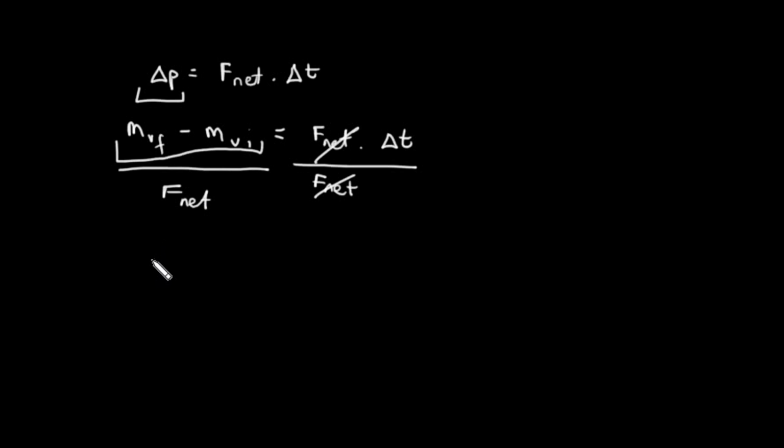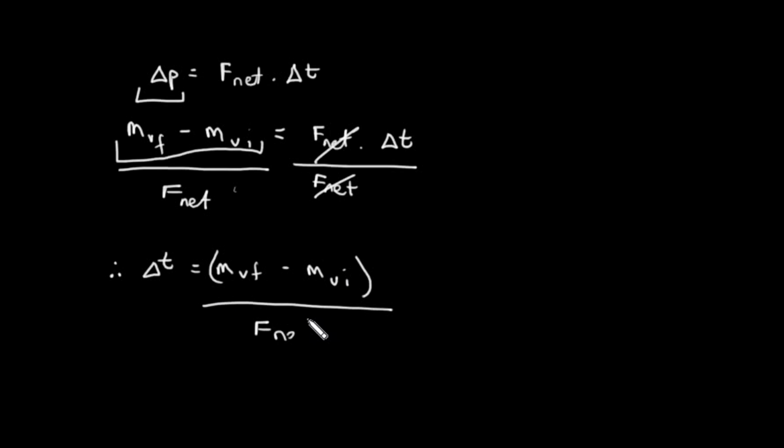We get our formula: delta t is equal to m v f minus m v i, in brackets, all over F net.